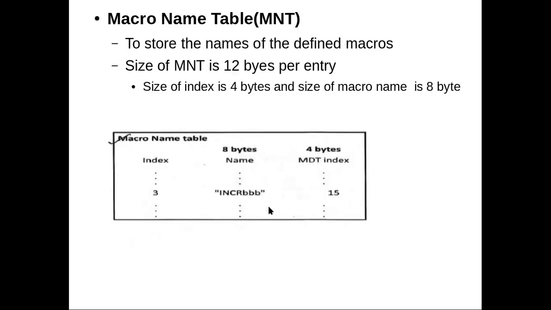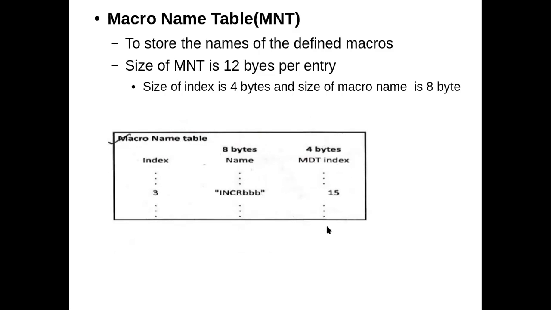Then the last database, that is the macro name table. It stores all the macro names, and it tells where the expansion of a particular macro name is. So what is the size of the macro name table? It is 12 bytes. We'll see the structure first. This is the macro name table. First is the index value, and the second is the name of your macro, and we are reserving 8 bytes for the macro name.